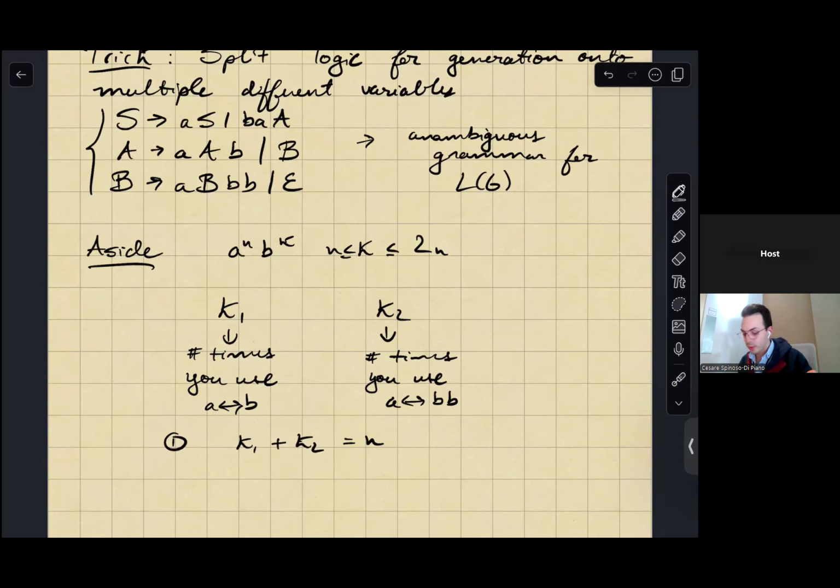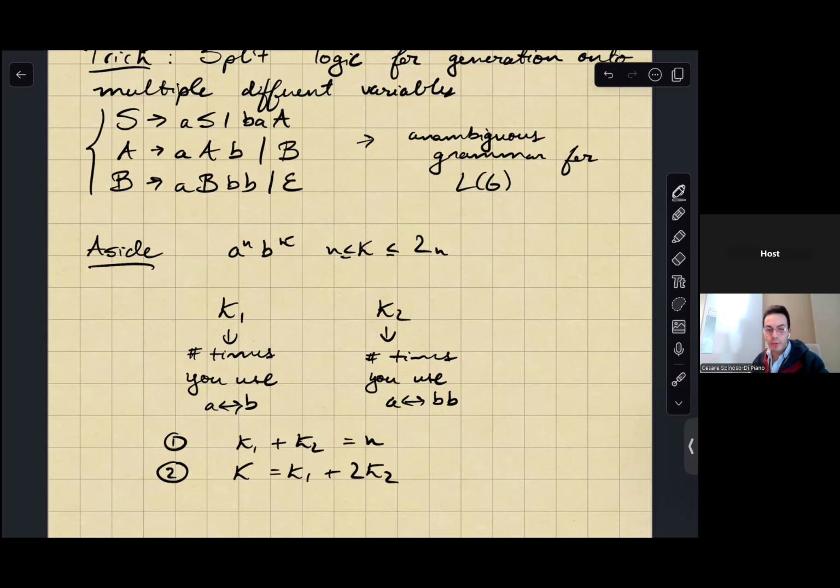And I also know that the value of K is equal to the number of times I use K1, times 1, because K1 just means I'm using K1 B's, plus K2 times 2, because if I use K2 three times, it means that I add 3 times 2 B's, right? So the second equation that I get is K, the number of B's, is equal to K1 plus 2K2.